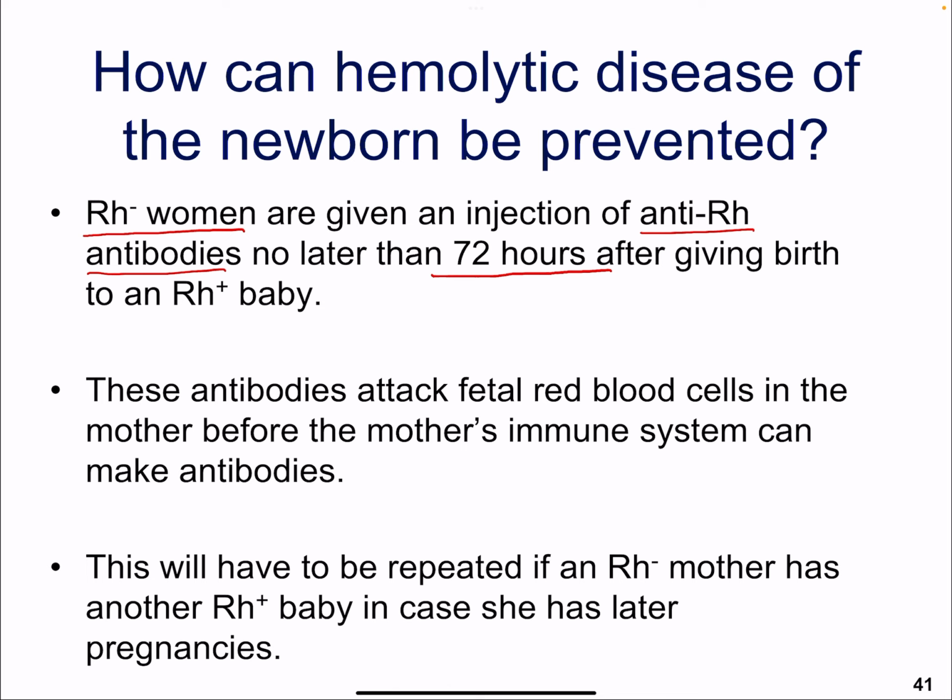What does this do? This does two things. One, the antibodies in circulation are going to go against all the baby blood that went in mom. That's one. So mom is going to capture the baby blood without ever being aware of the presence of that blood.